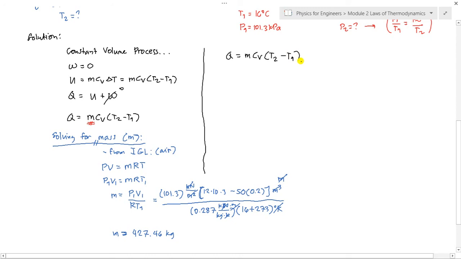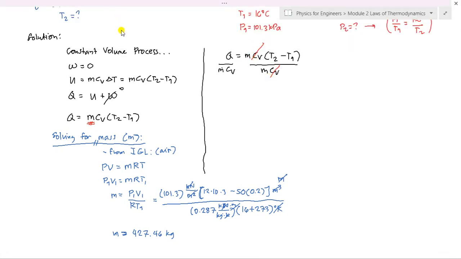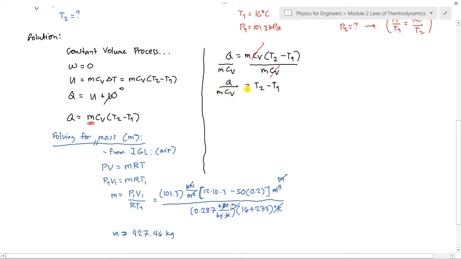Here, divide both sides by m Cv. So that cancels, and what's left is T2 minus T1 equals Q over m Cv. We can transpose T1 to the other side so that T2 can be solved. T2 is equals to T1 plus Q over m Cv.